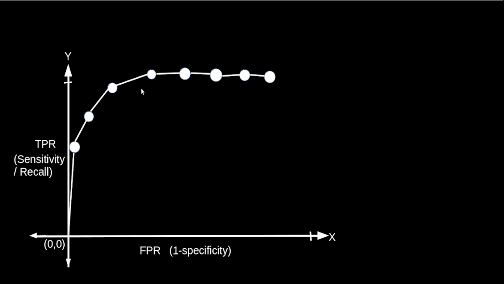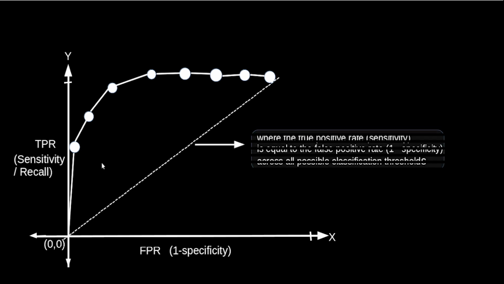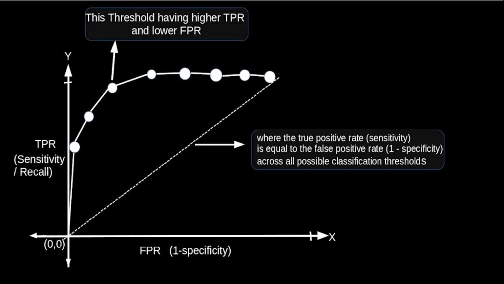This is the final ROC curve that we have obtained by joining the points of combination between true positive rate and false positive rate at different classification thresholds. This is the ideal line where the true positive rate is equal to the false positive rate across all possible classification thresholds. This is the point of threshold where we have higher true positive rate and lower false positive rate.